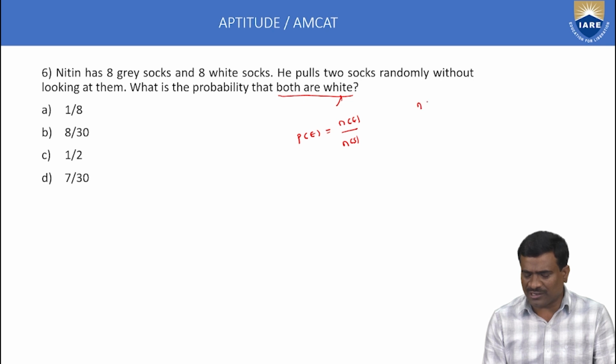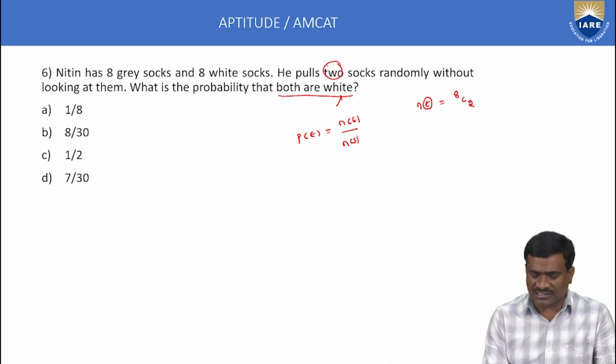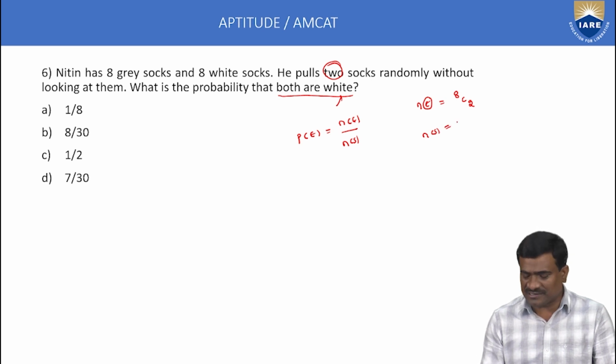Here calculate n of E. Event condition: both are white. There are 8 white socks in total, choose only 2, that is 8C2. Second point, n of S is the total number of socks, 8 plus 8, 16, and we want 2 only. N of S is equal to 16C2. Apply the above formula: n of E by n of S, 8C2 divided by 16C2.